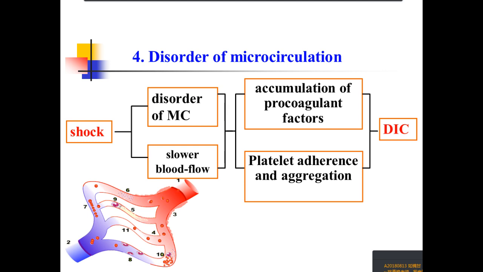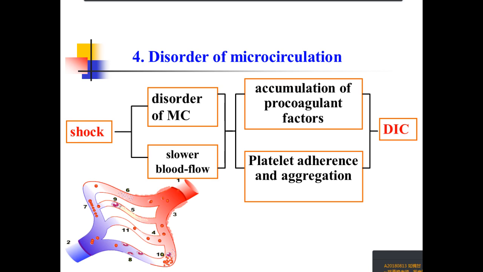With the other types of shock, DIC occurs during the refractory stage. So during this stage, coagulation function must increase. Now, during the refractory stage, what happens?